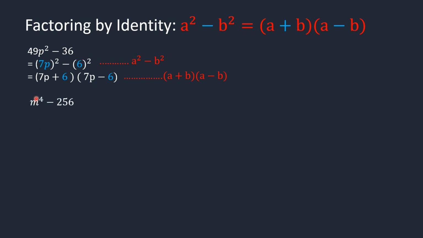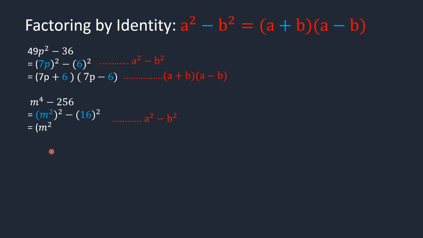m to the power 4 minus 256. Here we will write m to the power 4 as m squared whole squared and 256 as 16 whole squared. Now this is the difference of two squared quantities according to a squared minus b squared.